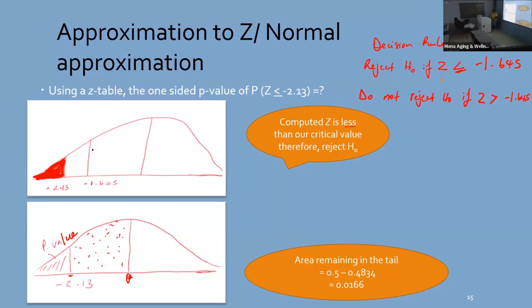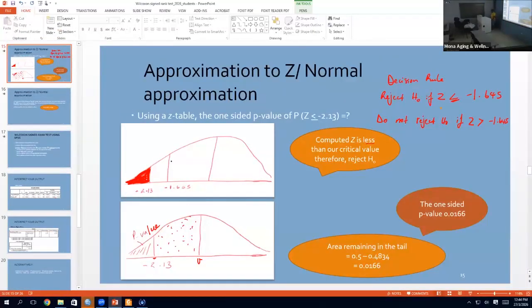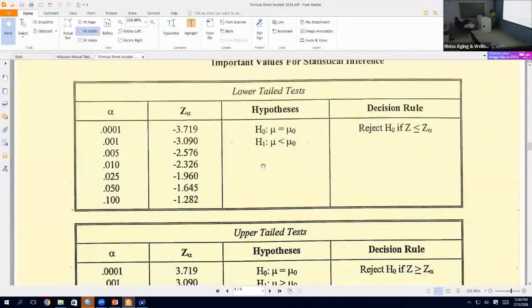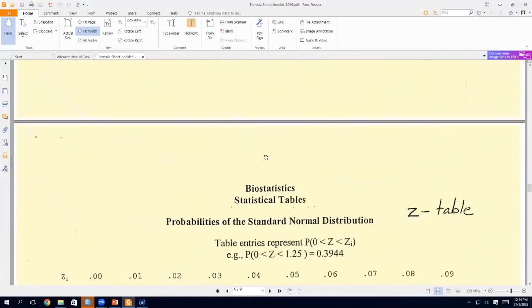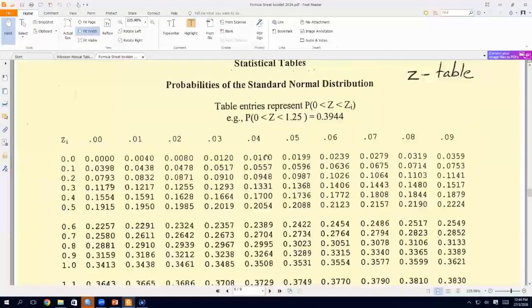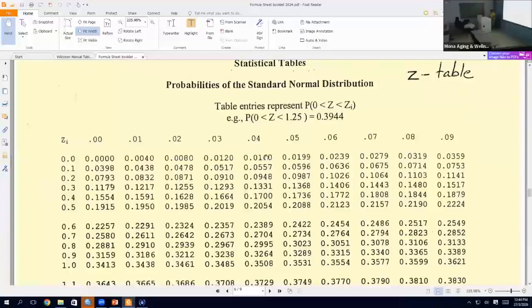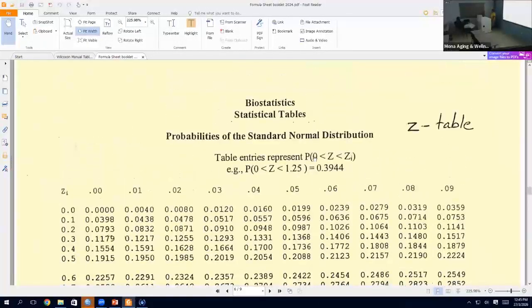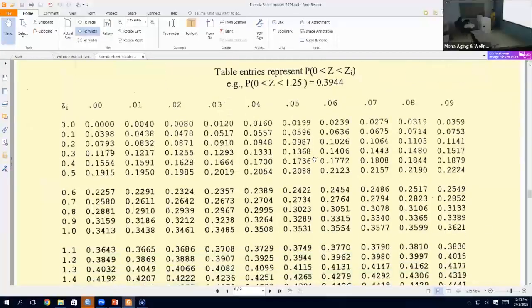Let's see what the area there is. We're going to look for a Z value of 2.13. I thought it would have been negative 1.645. No, remember, 1.645 is the critical value.